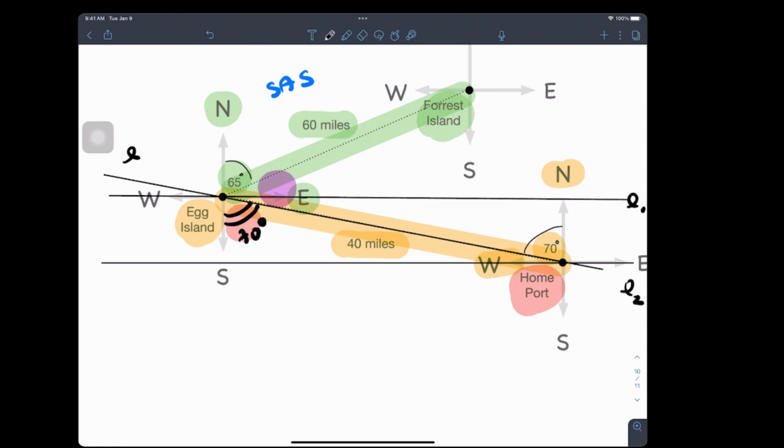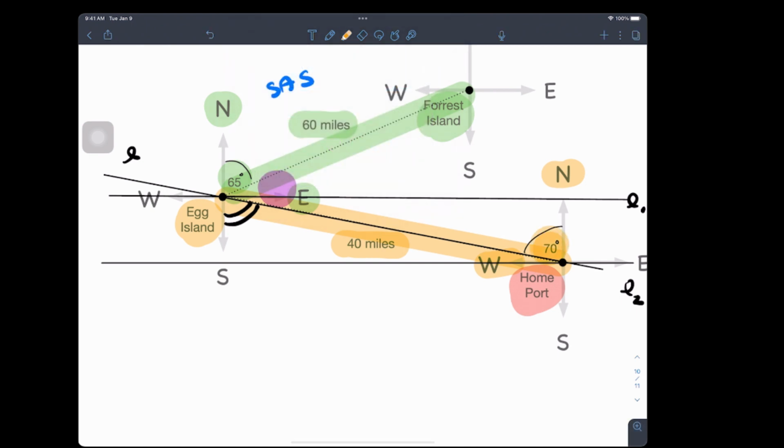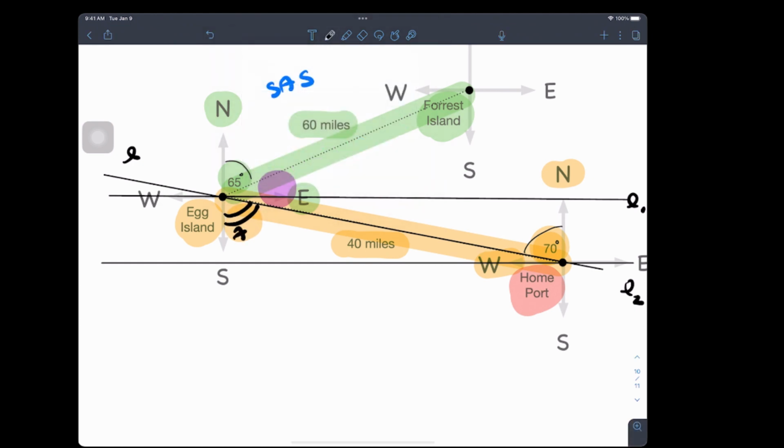Do you guys know what you're really looking at? You see this here? If this is 70 degrees, that means this has to be what? 70 degrees. You guys okay with that? Because you have a transversal, don't you? Because L1 is parallel to what?